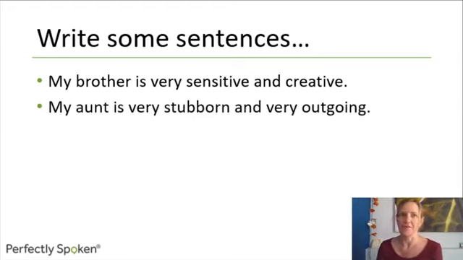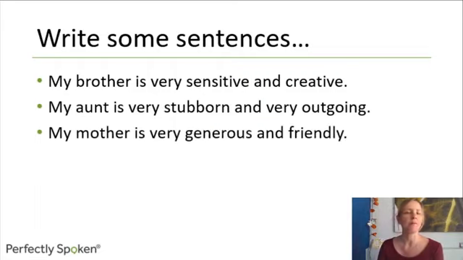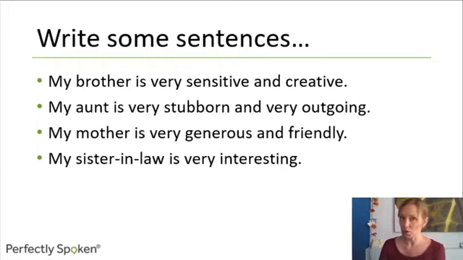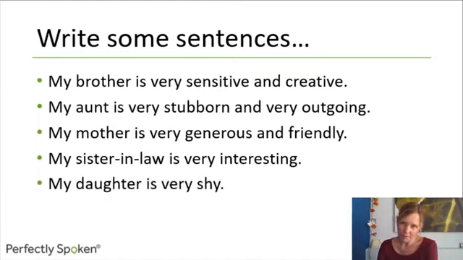My aunt is very stubborn and very outgoing. My mother is very generous and friendly. My sister-in-law is very interesting. And my daughter is very shy. In fact, I was very shy when I was a little girl. Now, no. But before, yes.